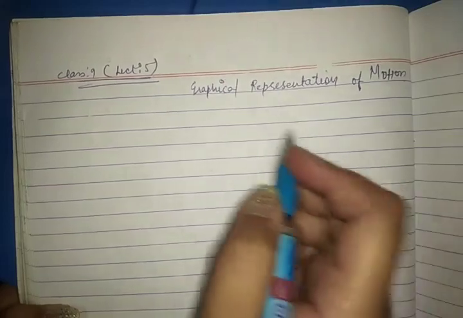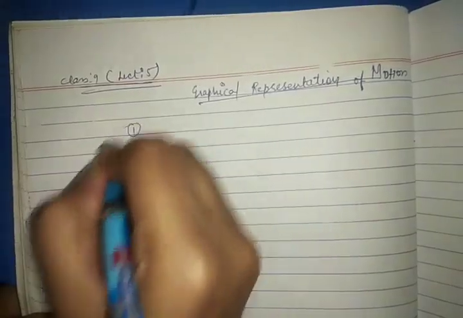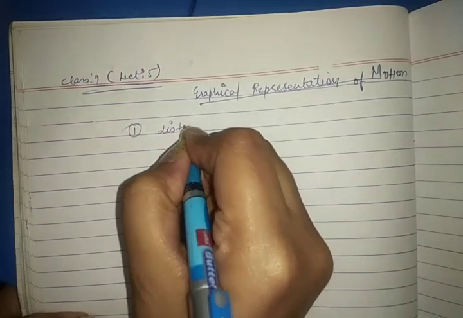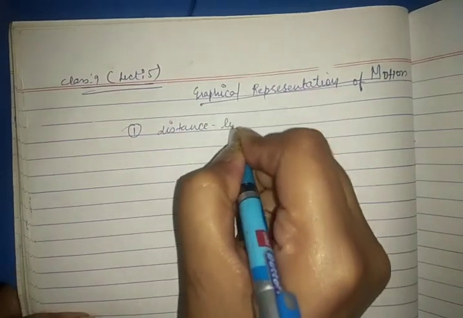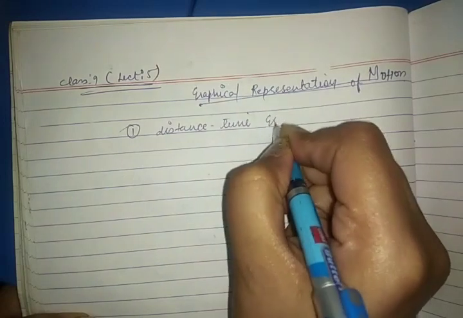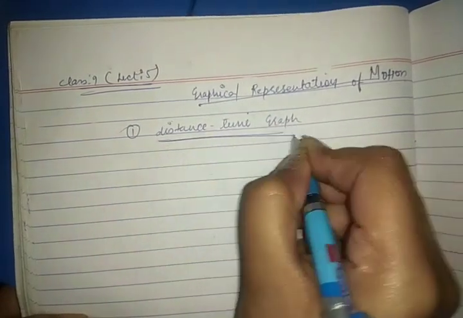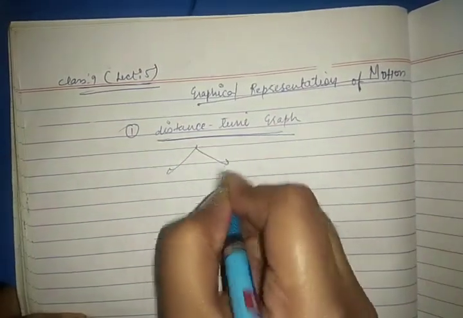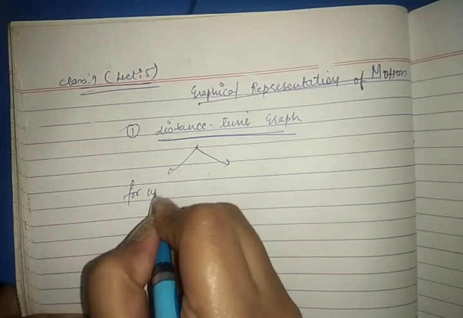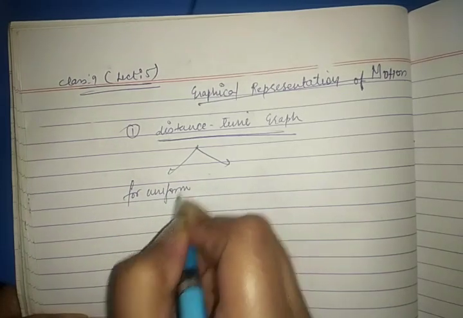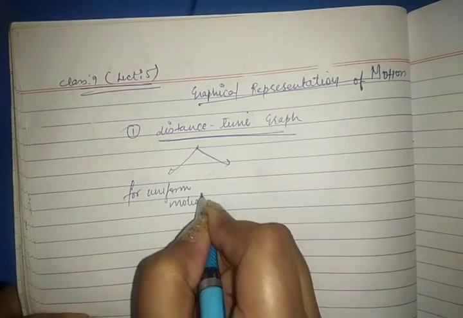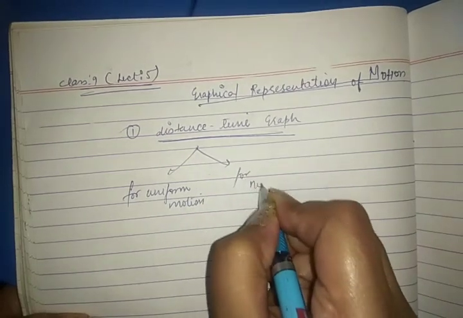In this, we have seen about the distance time graph. For the distance time graph, we have seen two cases: for uniform motion and for non-uniform motion.